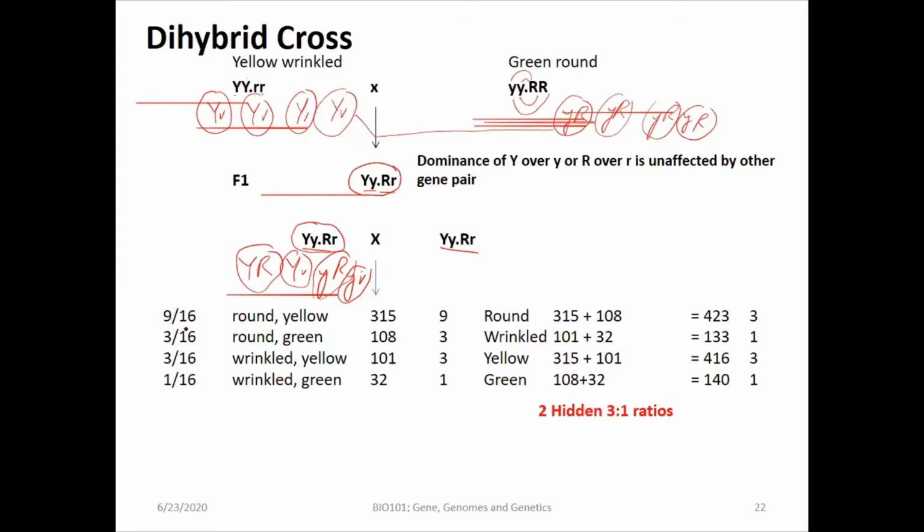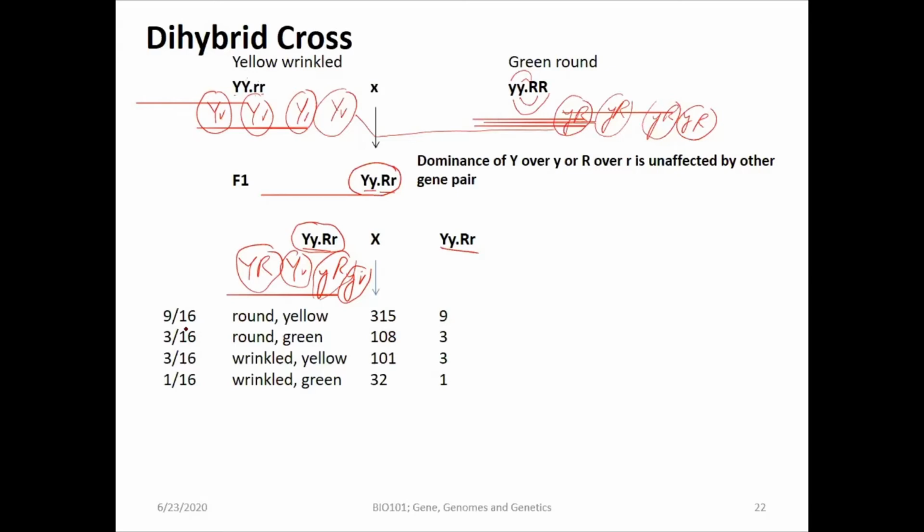He just calculated their phenotypes, just phenotypes. And look at the phenotypes. He got round yellow 315, round green 108, wrinkled yellow 101, wrinkled green 32. You can simply draw a checkerboard here like we draw for the monohybrid.